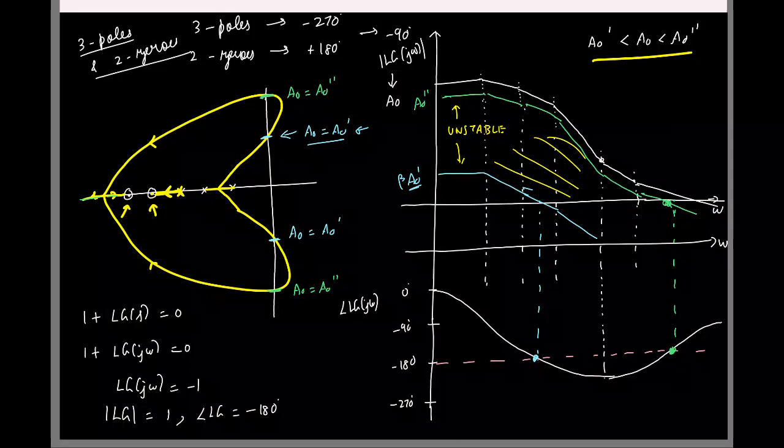Okay, so the point I'm making is any magnitude plot which is lying in this range will correspond to an unstable closed loop system. Let's say I choose some magnitude plot in this region. When the magnitude becomes 1, can you comment on the phase?